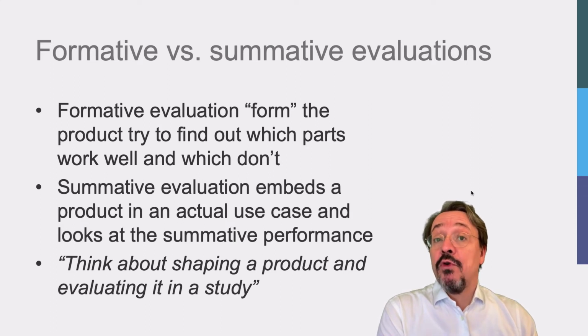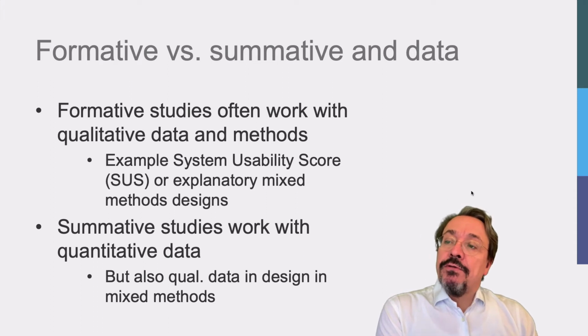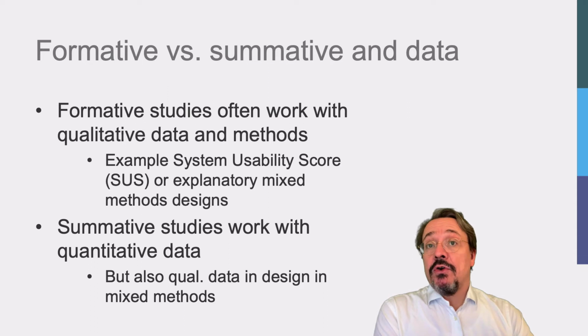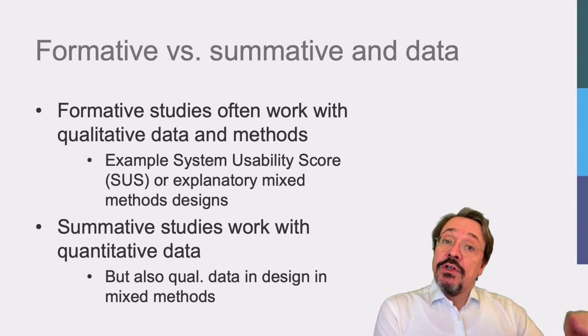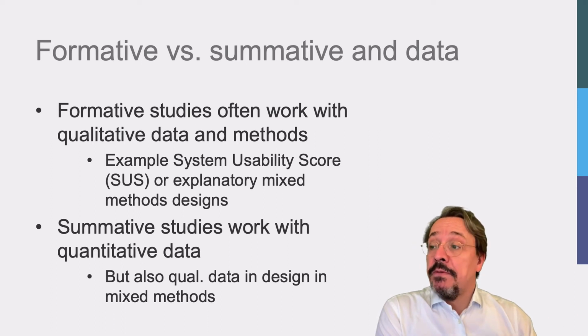So formative studies often work with qualitative data, but this is not necessarily the case. A good example is the System Usability Scale, which is an inventory of 10 or 11 simple questions which give you a good indicator, in a kind of quantitative data, about the usability and the learnability of your products when you develop software, for example.